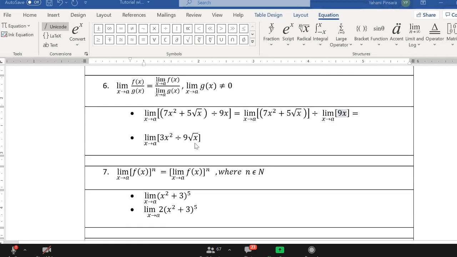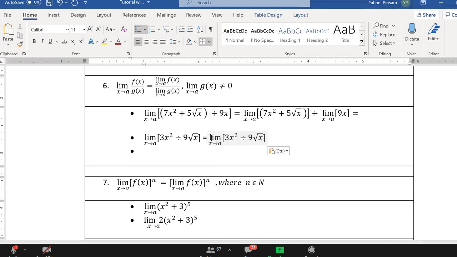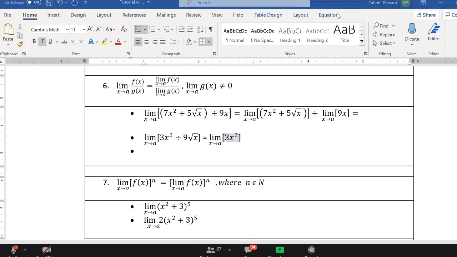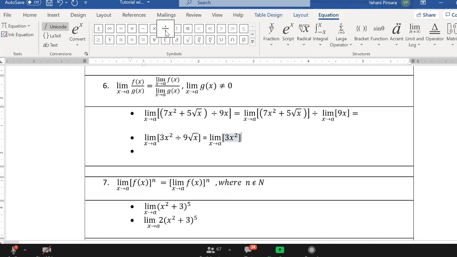I'll write the answer for this. Divide by, so this is the answer.